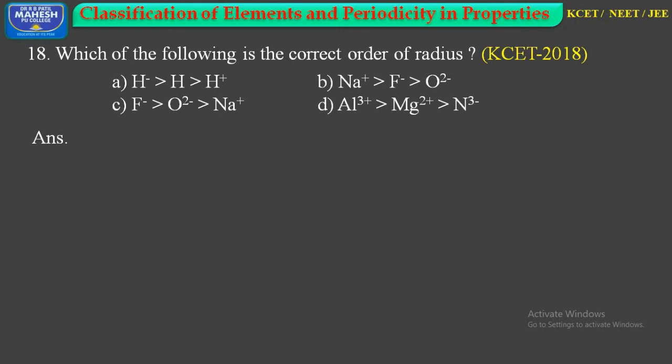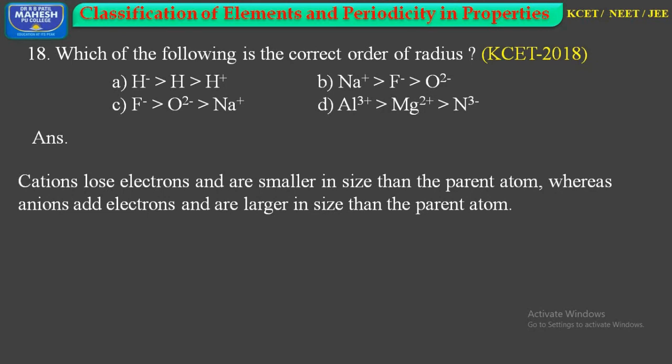As a result, they are larger in size when we compare with their parent atoms. And hence, the order is hydride anion, which is a negatively charged species. It is having a larger radius compared to the neutral parent atom, whereas the neutral parent atom has a larger radius when compared to its cation.